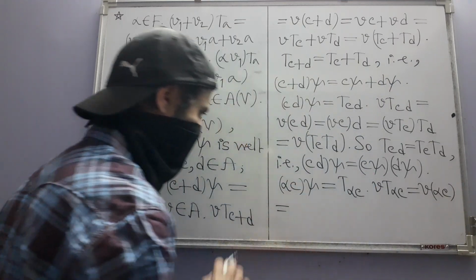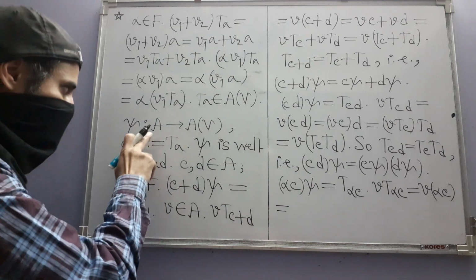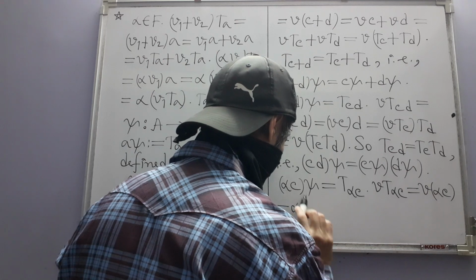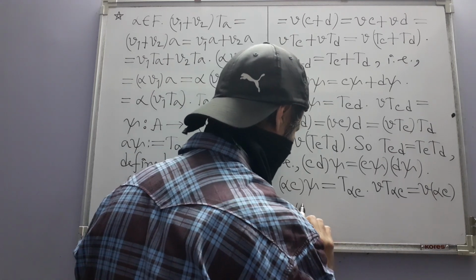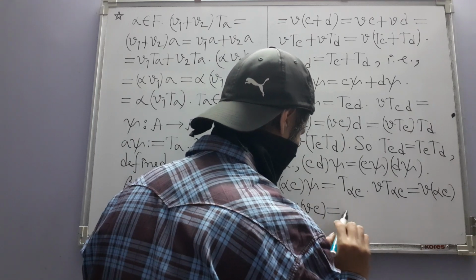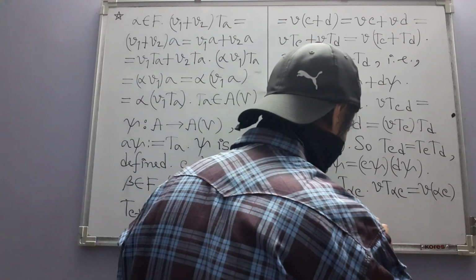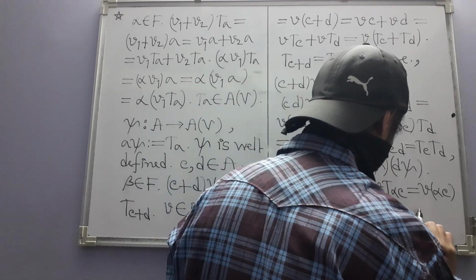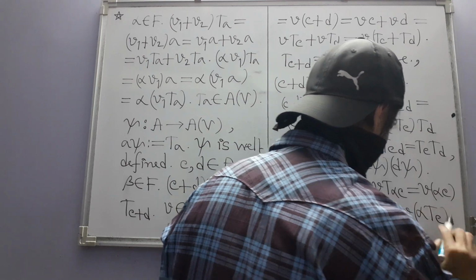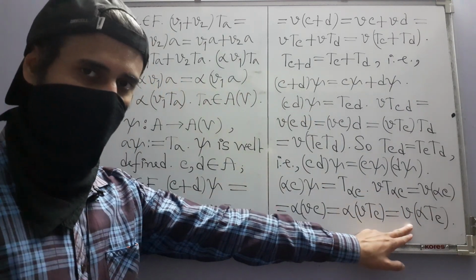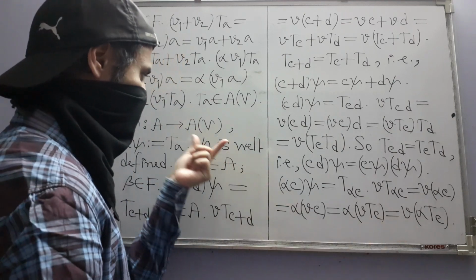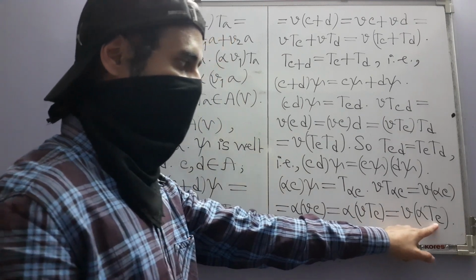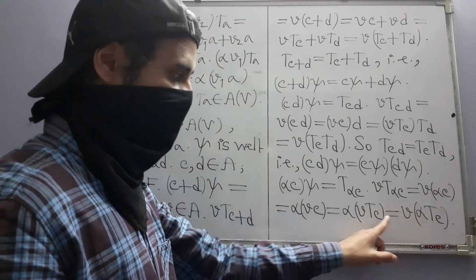So because we are in an algebra, in which algebra? In this algebra, in its place we can write alpha times VC, but that is alpha times VTC, and that in turn is equal to V alpha times TC. If this last step seems confusing to you, you go back to the definition of scalar multiplication on AV. When we multiply a linear operator by alpha, this is what it means.